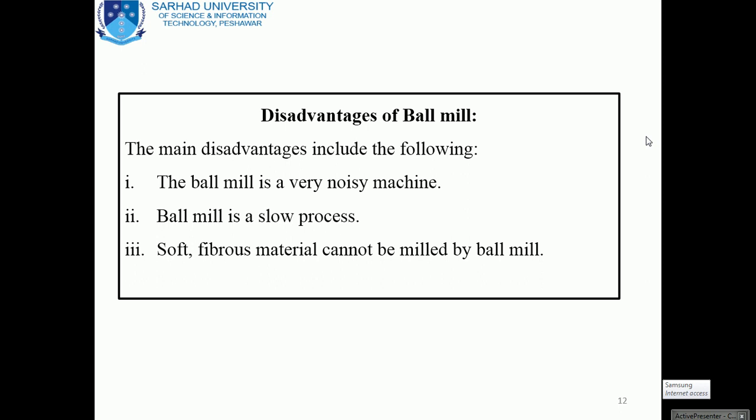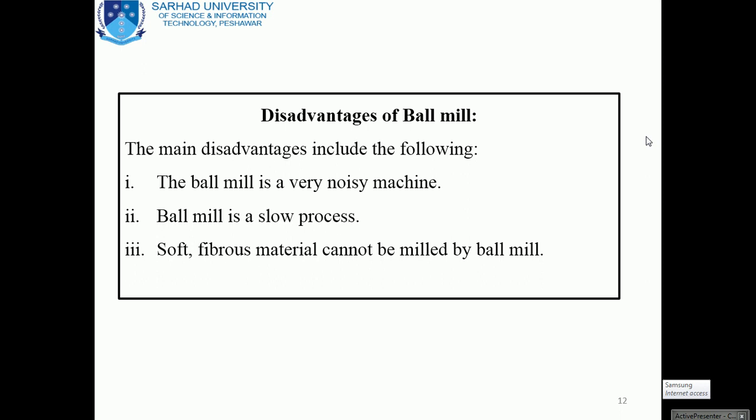The second is that the ball mill is a very slow process. As you know, at low speed it causes rubbing action, and rubbing action is responsible for the particle size reduction.